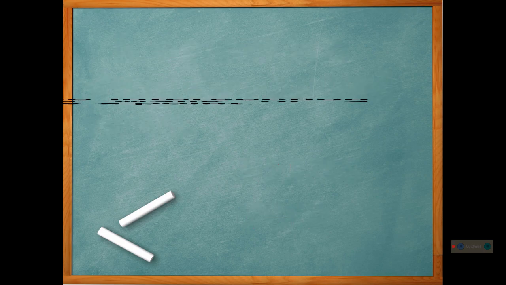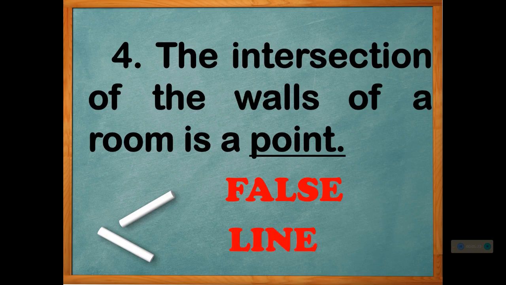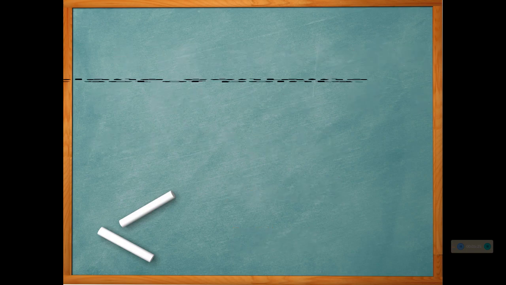Next, number 4: the intersection of the walls of a room is a point. Is it true or false? Correct, that is false, because the intersection of the walls of a room is a line.